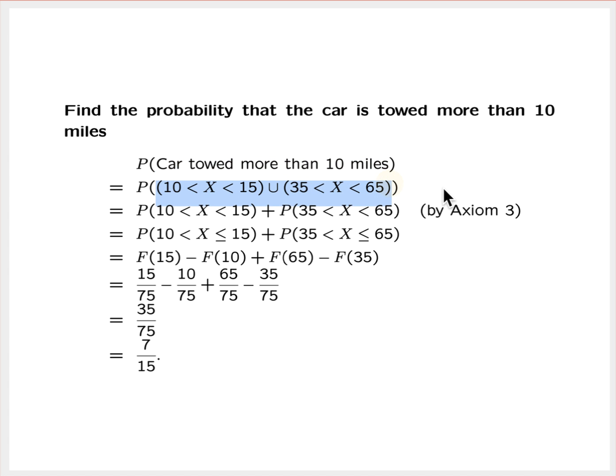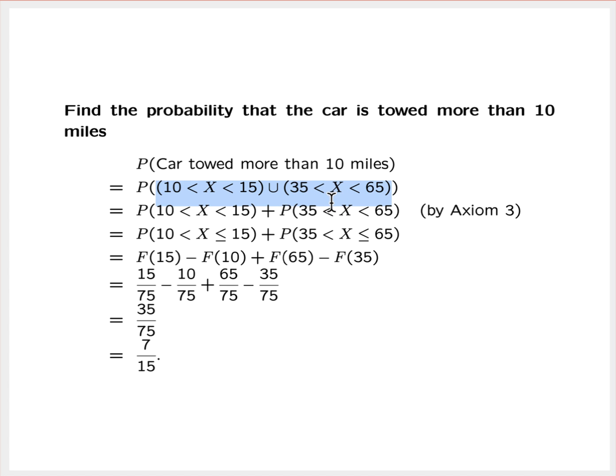This is where drawing a very simple picture will help you see this. The event that the car is towed more than 10 miles is the union of two events. The first is that x, the distance from city A when it breaks down, is between 10 and 15 miles.